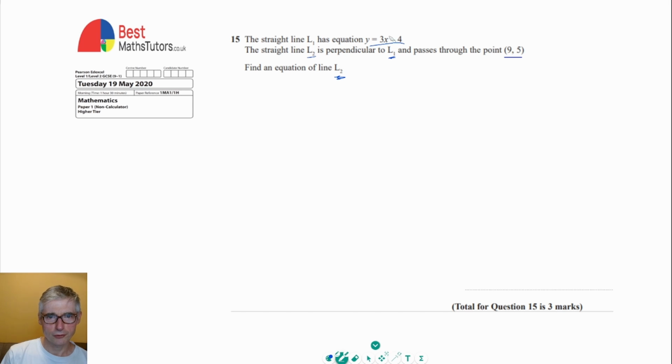The first thing that we can do is find the gradient of the second line, L2, by looking at the gradient of the first line. The standard equation of a straight line is y equals mx plus c, and it's a very important one to know. m stands for the gradient, and c is the y-intercept, which means where it crosses the y-axis if we were to plot the graph.